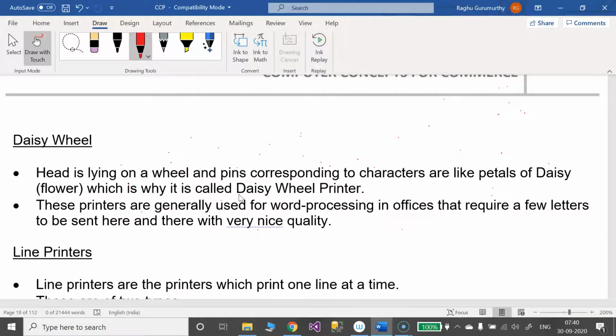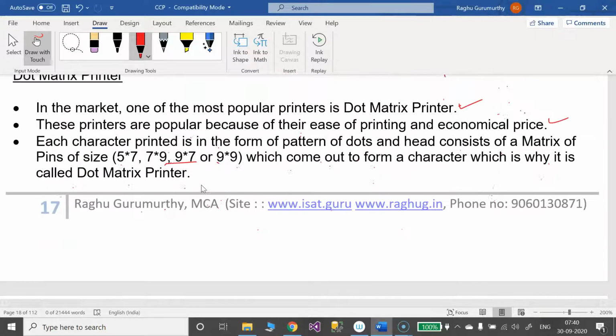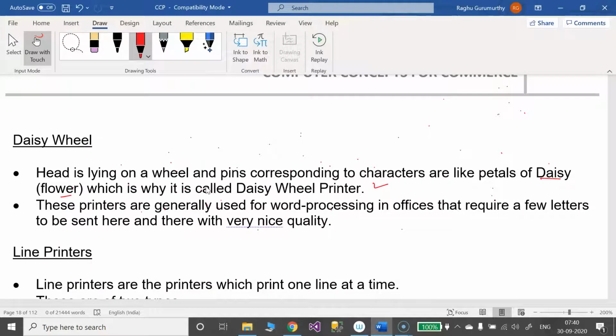Then the next one is daisy wheel. The head is lying on a wheel and pins corresponding to characters are like petals of a daisy flower, which is why it is called a daisy wheel printer. Instead of arranging pins flat, here they arrange pins on a wheel structure which looks like a daisy flower.